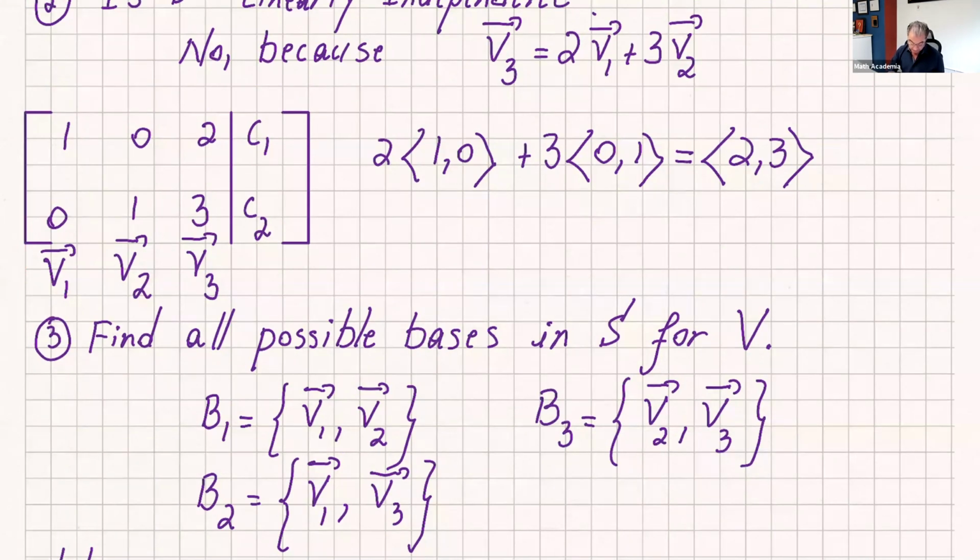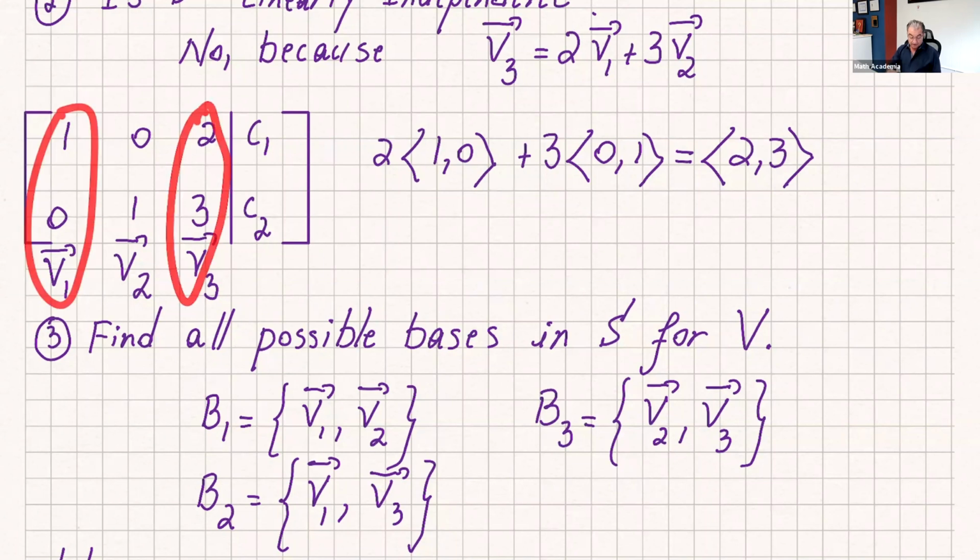So the first basis, you can write V1 and V2. Let's check V1 and V3. They are linearly independent because there is no way you can multiply V1 by a number and get V3. So the second basis, you can write V1 and V3.